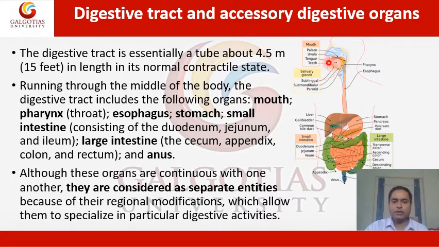Running through the middle of the body, the digestive tract includes the following organs: the mouth, which consists of palate, uvula, tongue, teeth, the pharynx, the esophagus, the stomach, the small intestine that has three parts, duodenum, jejunum, ileum, and the large intestine that has colon, cecum and rectum, as well as the anus.